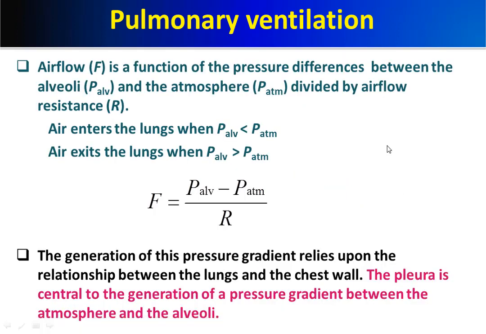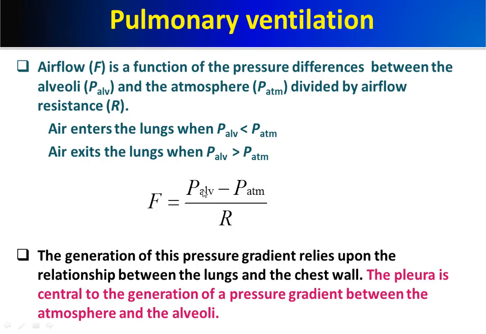So now, airflow is a function of the pressure difference between the alveoli and the atmosphere. This is the pressure gradient, and it is inversely proportional to the resistance to the flow of air through the airways.